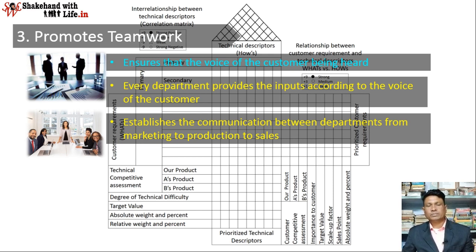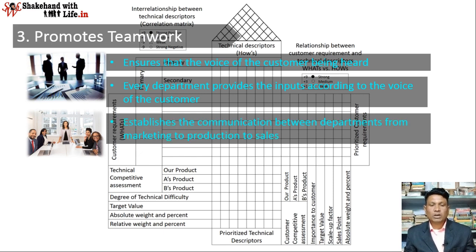For that, every department provides the inputs according to the voice of the customer. And this establishes the communication between departments, from marketing to production to sales to quality, etc. So every department has to discuss the customer requirements. How do we translate the customer requirements into the product design requirements?